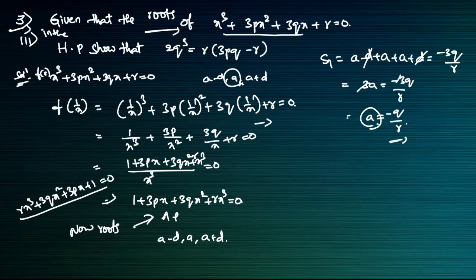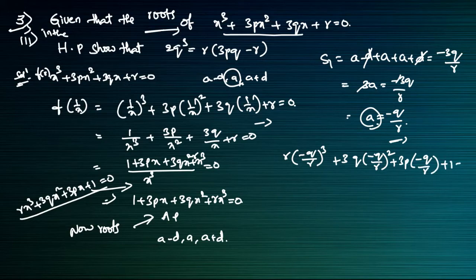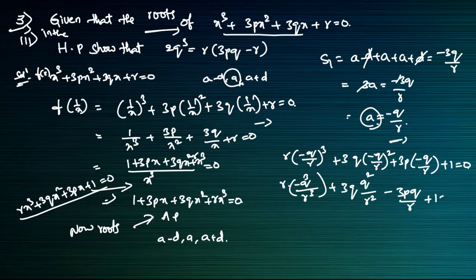In this equation it will become r into minus q by r whole cube, plus 3q into minus q by r whole square, plus 3p into minus q by r, plus 1 is equal to 0. So from this, r into minus q cube divided by r cube plus 3q into q square divided by r square minus 3pq divided by r plus 1 is equal to 0.